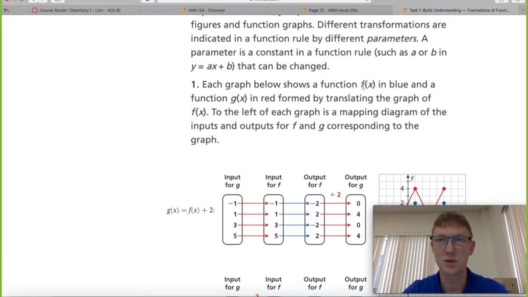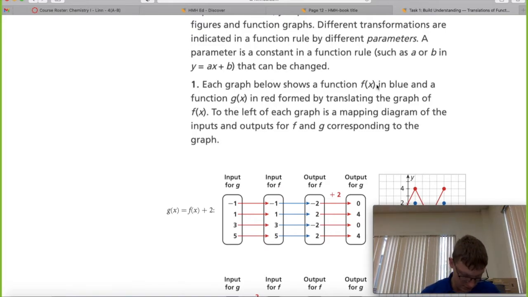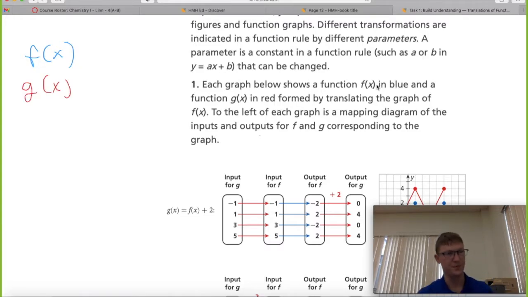Each graph below shows a function f of x in blue. I'm going to write that down because I'm going to forget that 100 times. F of x in blue and g of x in red by transforming f of x in some way, shape, or form.